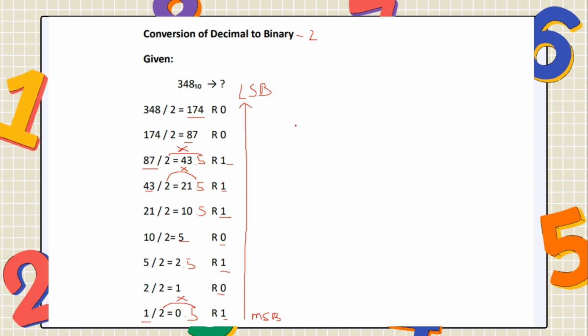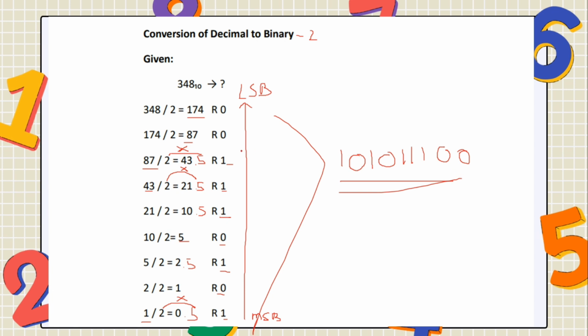From down to up ang pagbasa sa binary, which is 1 0 1 0 1 1 1 0 0. So this is the answer from the conversion sa decimal to binary using the method of successive division.